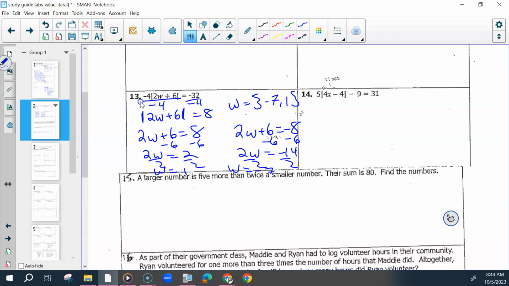If no other questions between 11 through 14, look on the next page at 5 and 6. Questions on those?